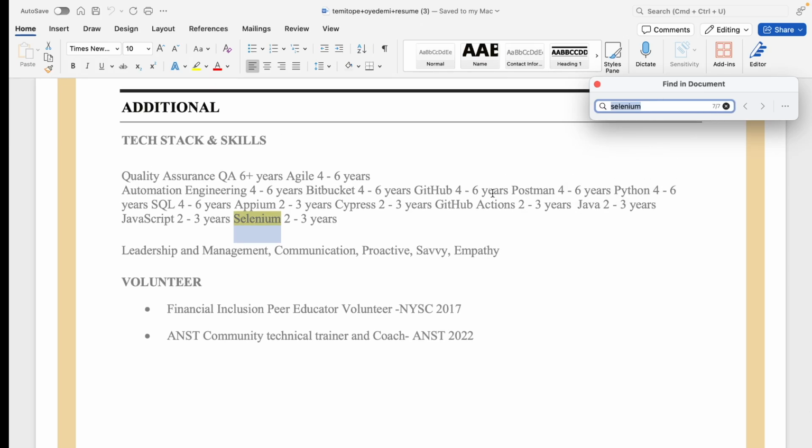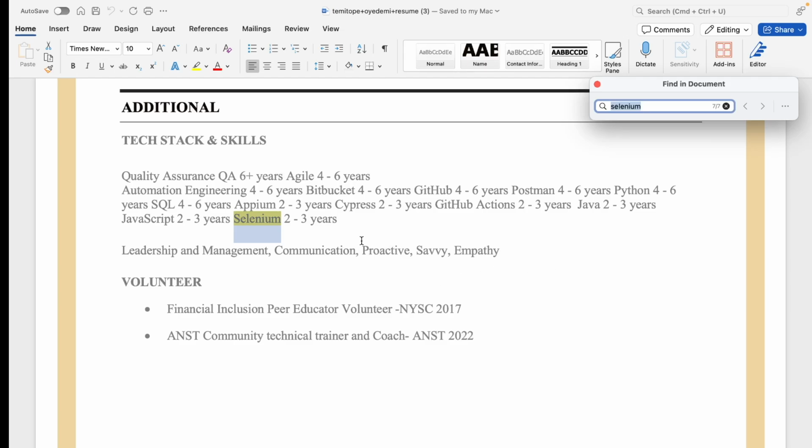So depending on how many years you have with this skill, you have to also indicate how many years of experience you have worked with some of these tools or languages, or that you have developed this skill set. All right, indicate it. It is not so bad to indicate it, right?